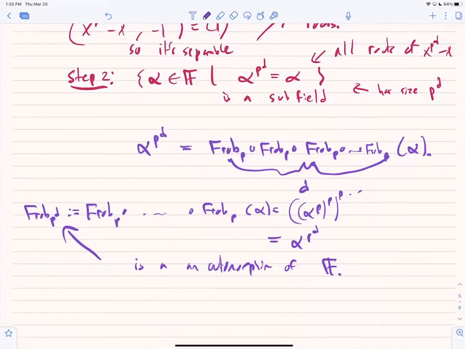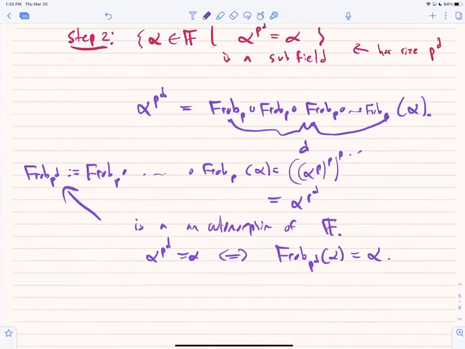And saying alpha to the p to the d is equal to alpha is just saying Frob_{p^d} of alpha is equal to alpha, that is, alpha is fixed by Frob_{p^d}.